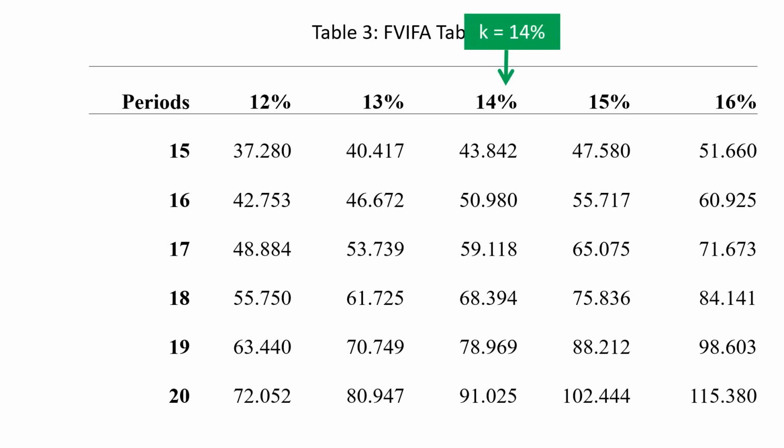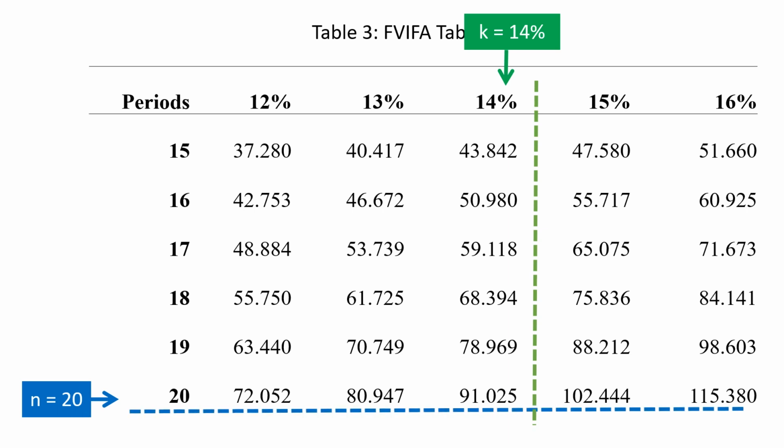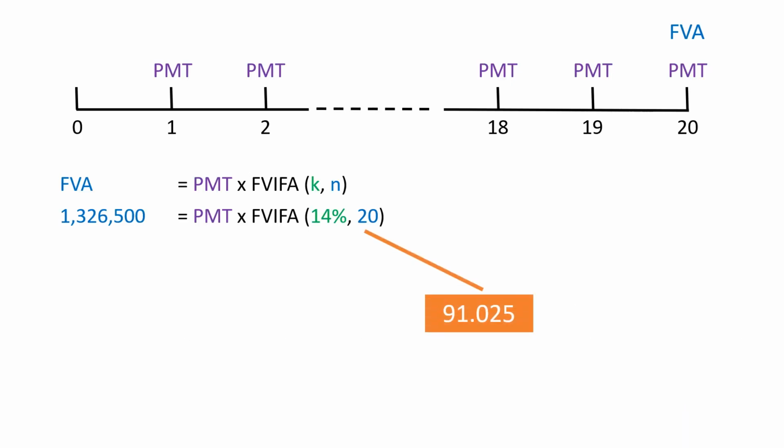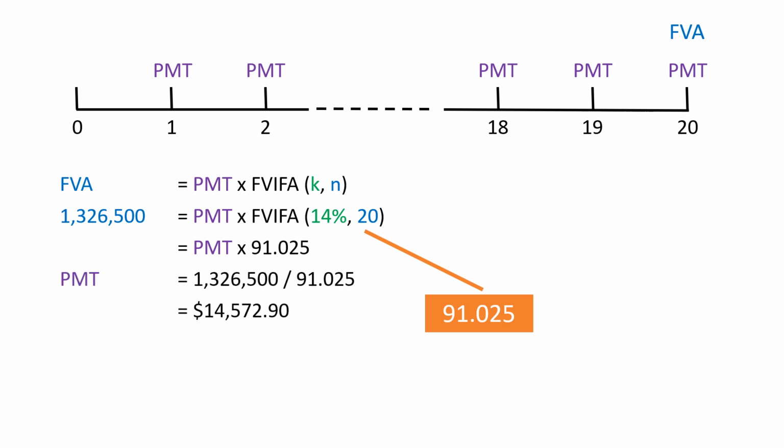We know K. We know N. The intersection is the answer. Substitute the answer from the table, and we'll find the PMT.